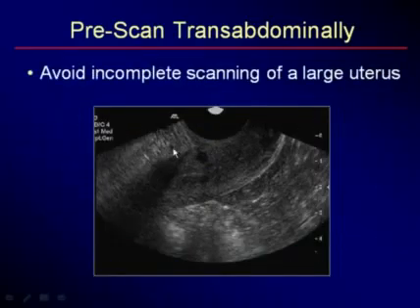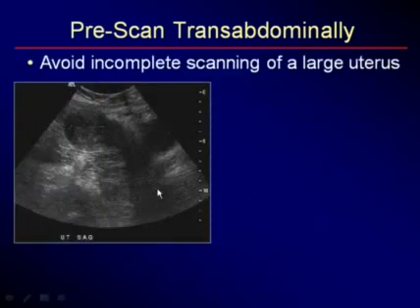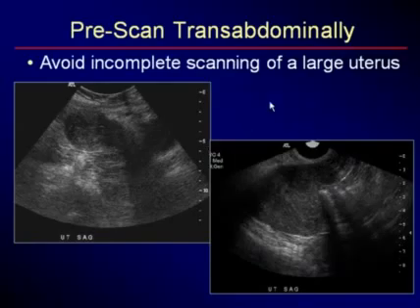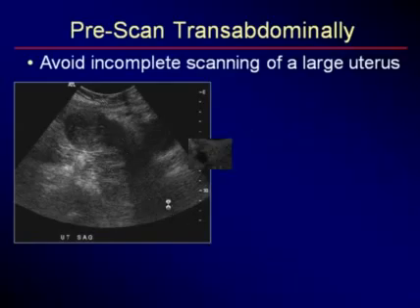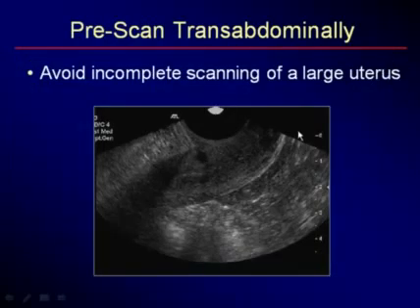Now here's another one. If you just did transvaginal, this looks like a somewhat small uterus. There seems to be an endometrial lining here, but this was actually a very long uterus on the pre-scan. And when we knew that, we were questioning this, where it only measured about 4 centimeters.